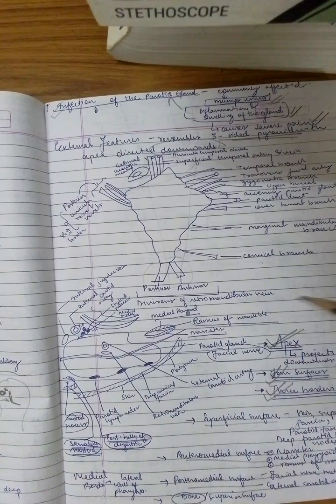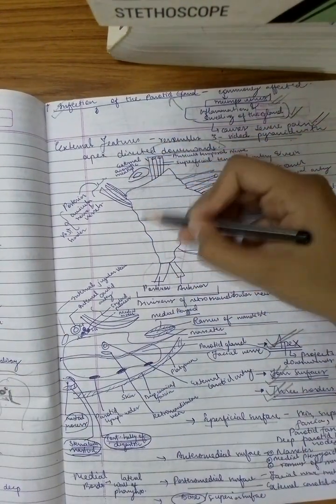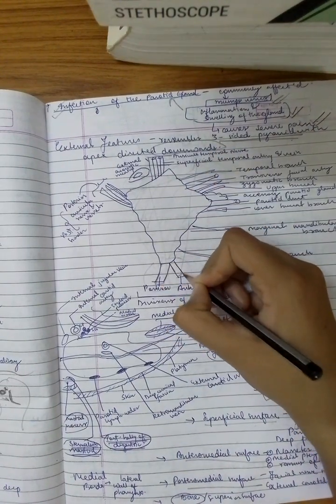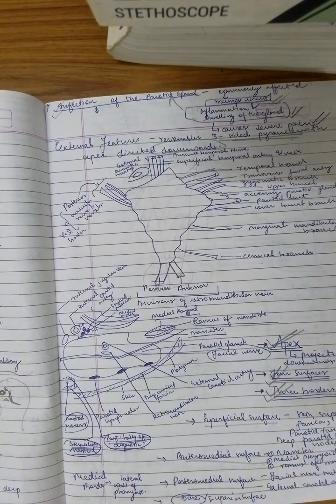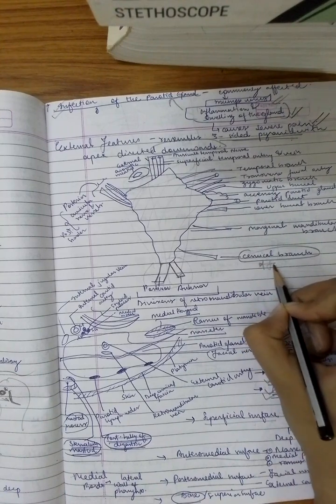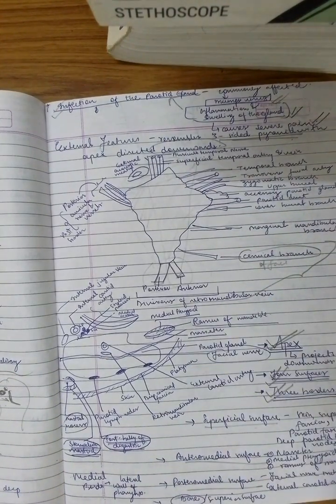I'll tell you about the apex and the base, which is very simple. You need to draw this diagram first. This is the parotid gland. From the apex, the structures passing are the anterior and posterior divisions of the retromandibular vein and the cervical branch of the facial nerve. So these are the structures emerging from the apex.